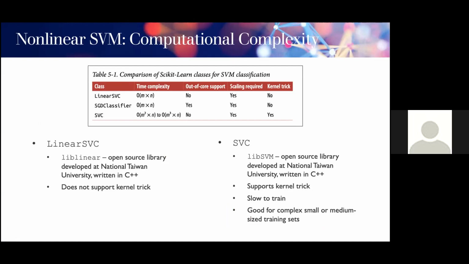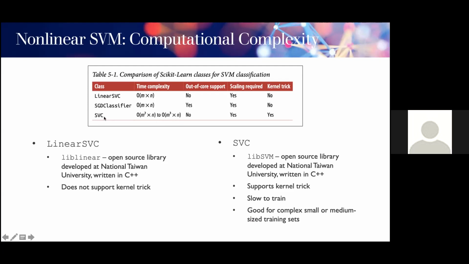I'm pretty sure this is a huge subject. Perhaps there are hundreds of papers through the 1990s, but ultimately, the linear SVC estimator will have a time complexity of m by n, number of training instances times number of features. And the SGD classifier has a similar time complexity, but SVC has a much larger complexity, between m squared times n and m cubed times n.